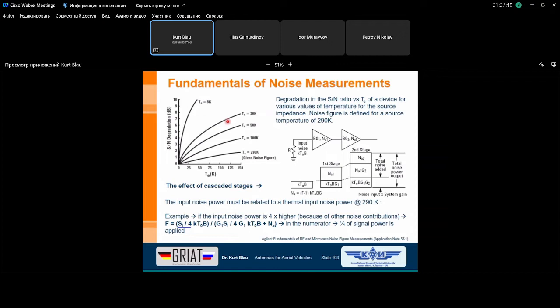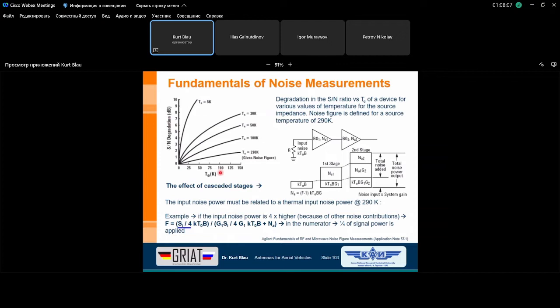Then we can see what happens with our signal to noise ratio. In other words, I could also write here a second y-axis with another noise figure F. Here is only given the signal to noise degradation, meaning what happens.